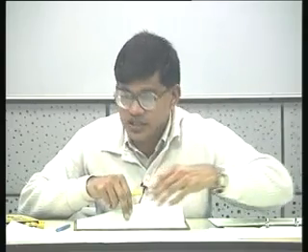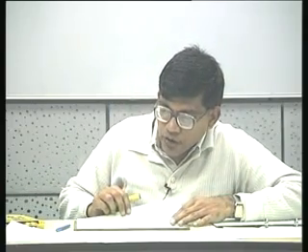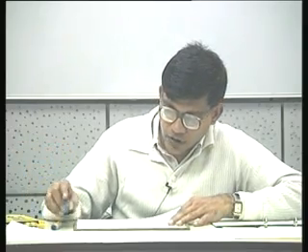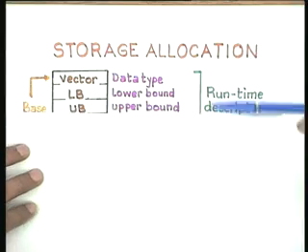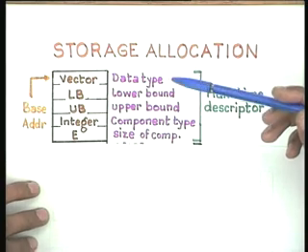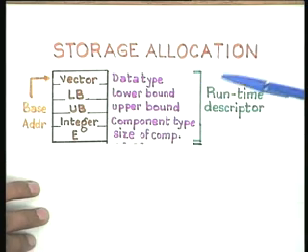So, we were looking at storage allocation. The only other problem that you have to worry about is that of checking bounds at runtime, and for that you require what is known as a runtime descriptor. Here I have given a picture of a single dimensional array.